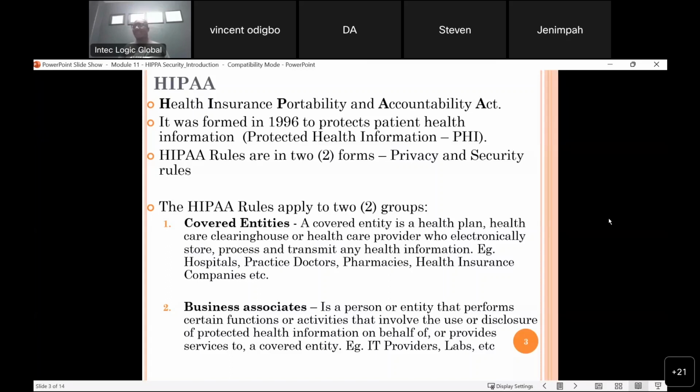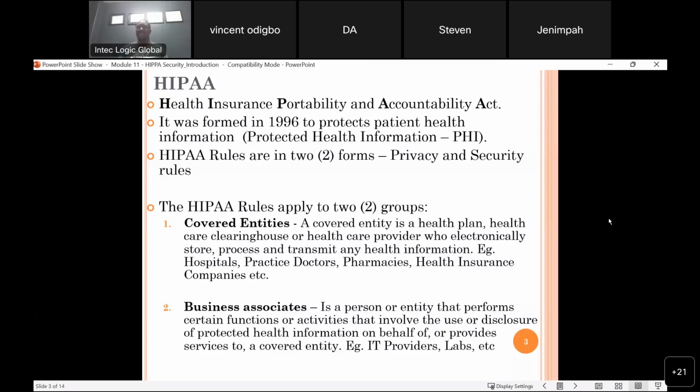And for your information, PHI is more expensive than a credit card on the dark web. The dark web is where people steal your information and sell it, but PHI is more expensive compared to a credit card.